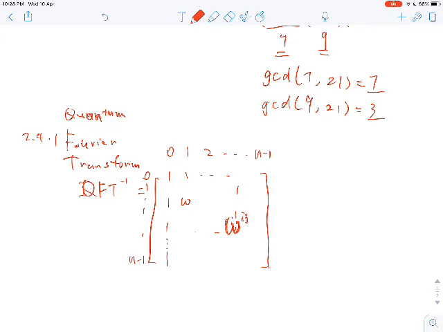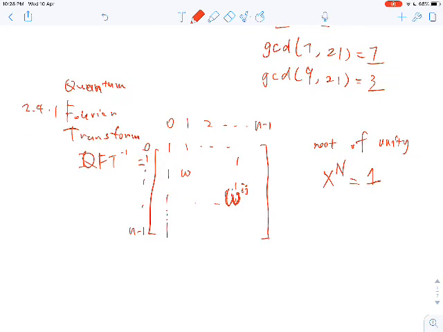What is omega? Omega is the root of unity, like x to the n is 1. Omega is a root of this equation.